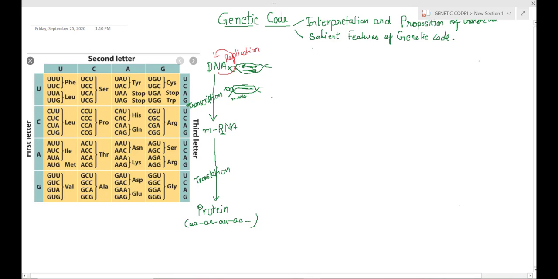There was no clue about that, but there were several evidences which proved that if there is a change in DNA or nucleic acid, a change in protein also occurs.